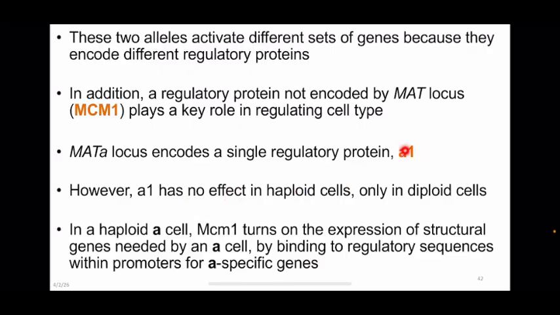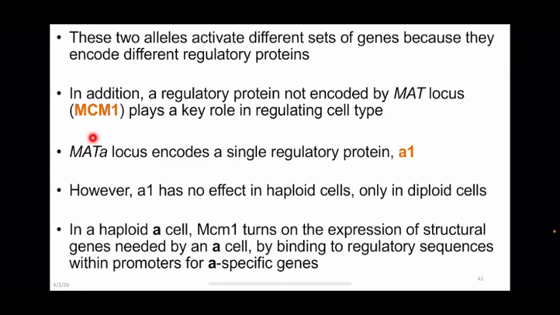So even though it is a haploid specific protein, it does not dictate or determine whether the cell is going to be A type. It is actually the MCM1 complex that determines if a cell is going to be A. This was the MCM1 complex I was talking about.